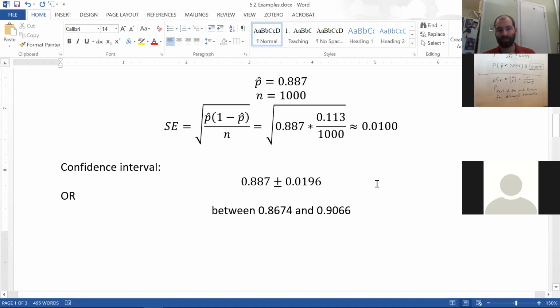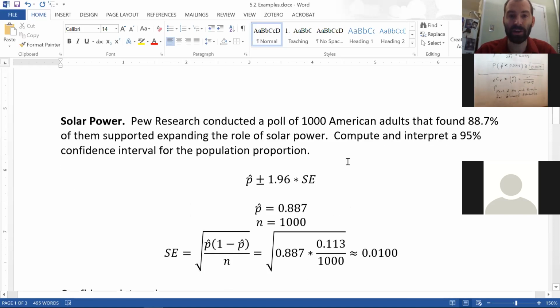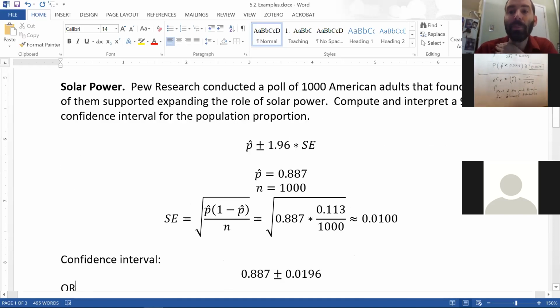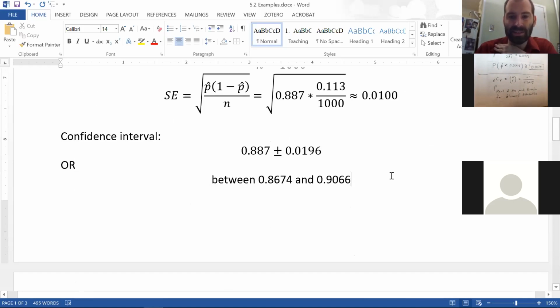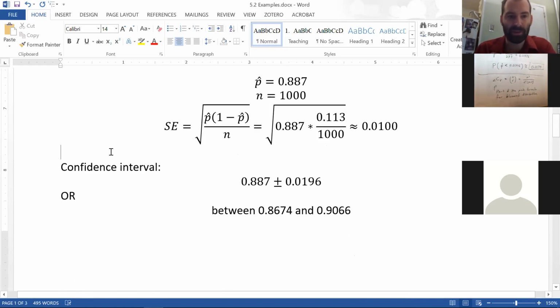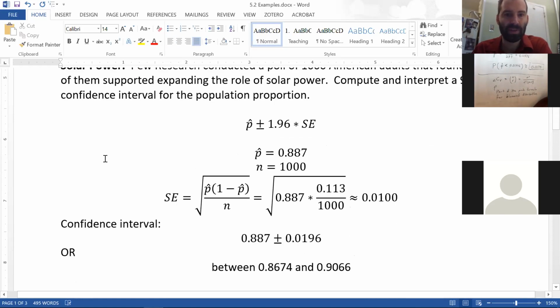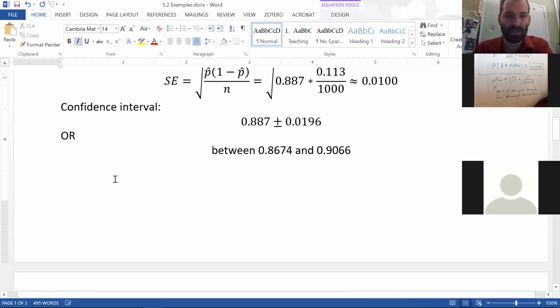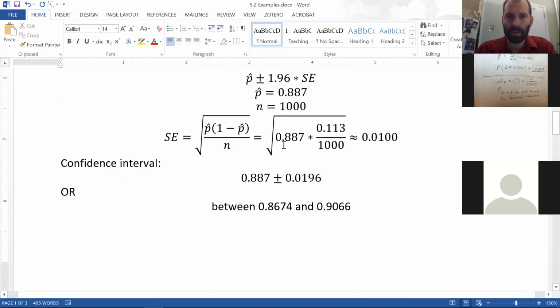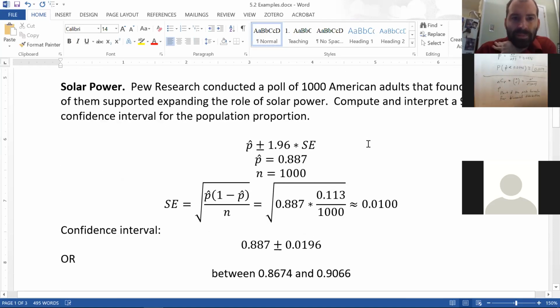On one hand, I just put plus or minus. On the other hand, I actually performed the operation there. Compute and interpret a 95% confidence interval. So we are going to write down a sentence to interpret what we have here. Let me save some space by deleting some empty lines. What did the problem say? It's the American adults who support expanding the role of solar power.